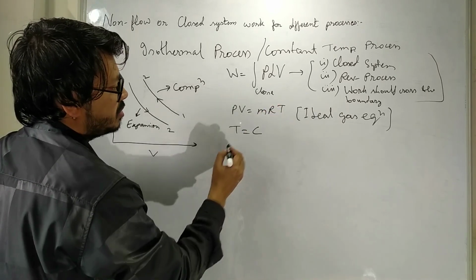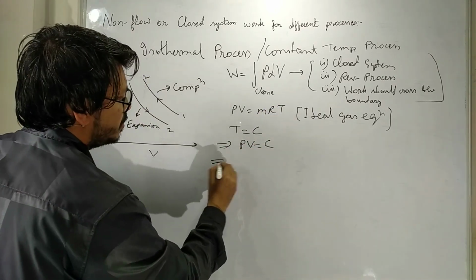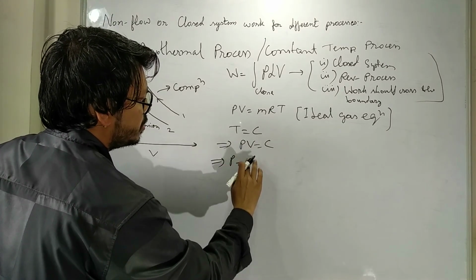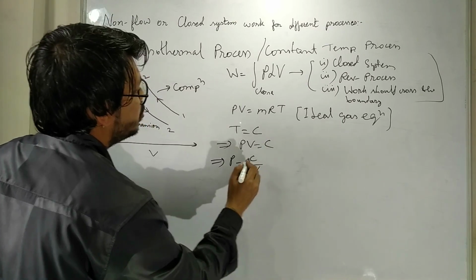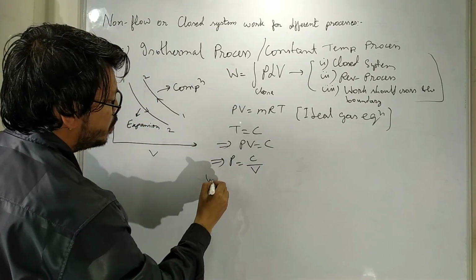So we get PV equals constant. Now we will get the value of P as C by V. Putting the value of P from this to here, we will get the work done as integration of C by V dV.